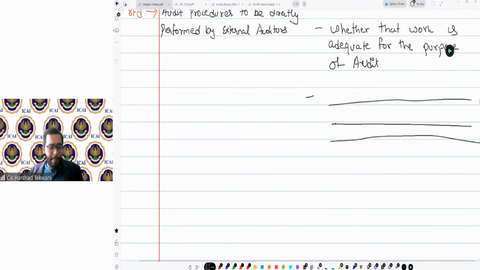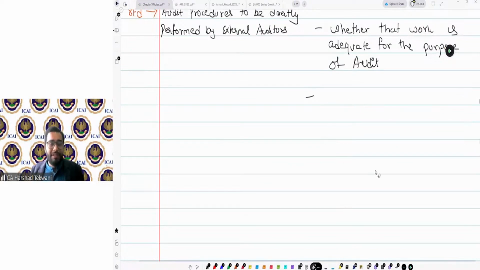The third point, which I kept blank, is that this standard helps us in determining if we are using direct assistance.